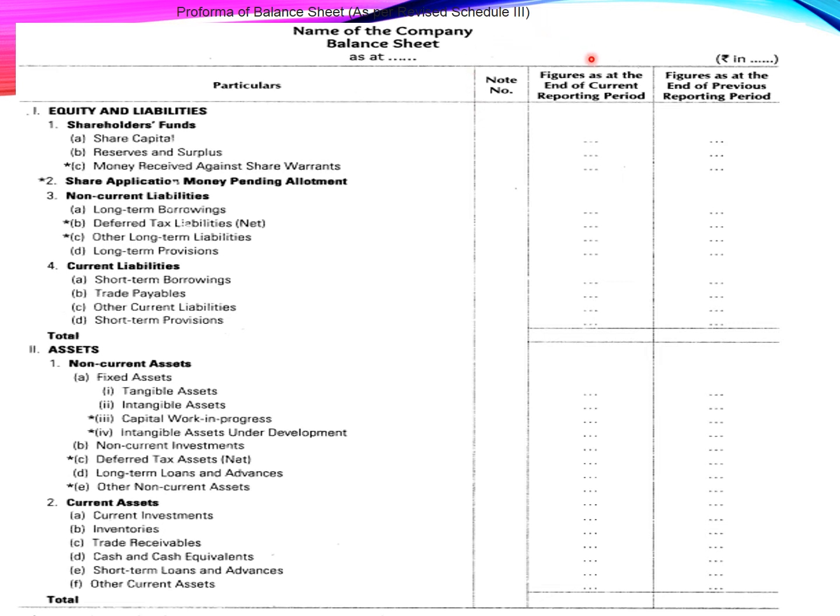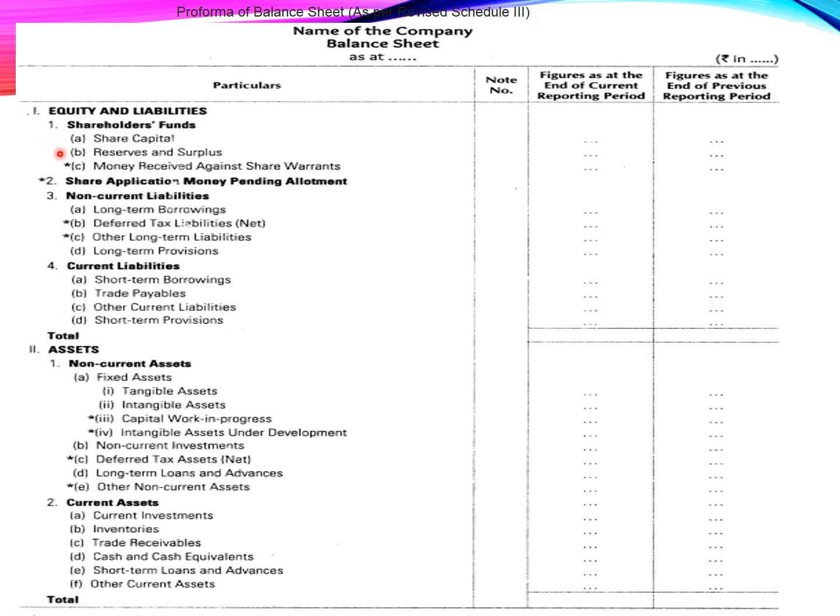Broadly, liabilities are split under 4 heads. Title number 1 is shareholder funds, which further contains 3 parts: share capital, reserves and surplus, money received against share warrants. Second heading of liability side is share application money pending allotment.